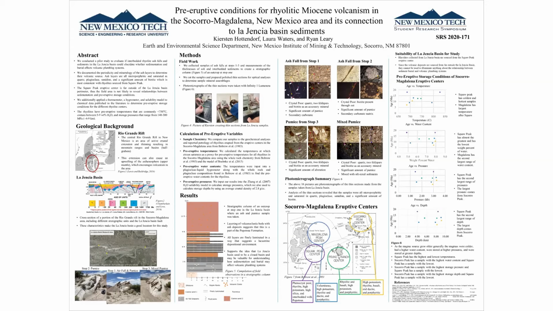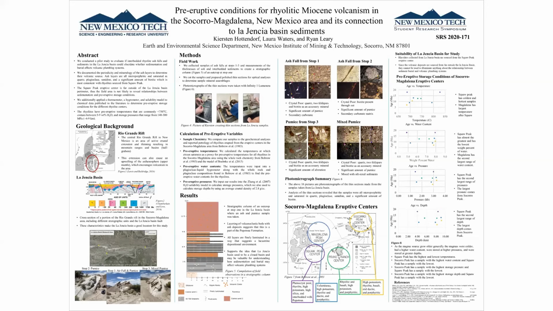At the current moment, we don't have any locations mapped out, but what we're looking for is volcanic deposits and interbedded sediments that are in a basin that has a very close volcanic center.